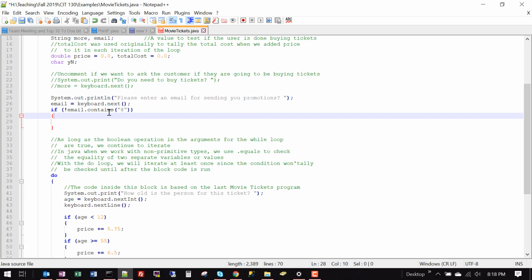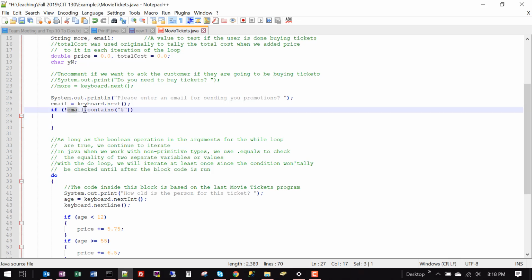So the only way we can express that is by saying, I want the opposite of this. When this is true, I want the whole thing to be false, because I don't want it to print the message. So when there is an @ symbol, I don't want the message. So I say, give me the opposite.